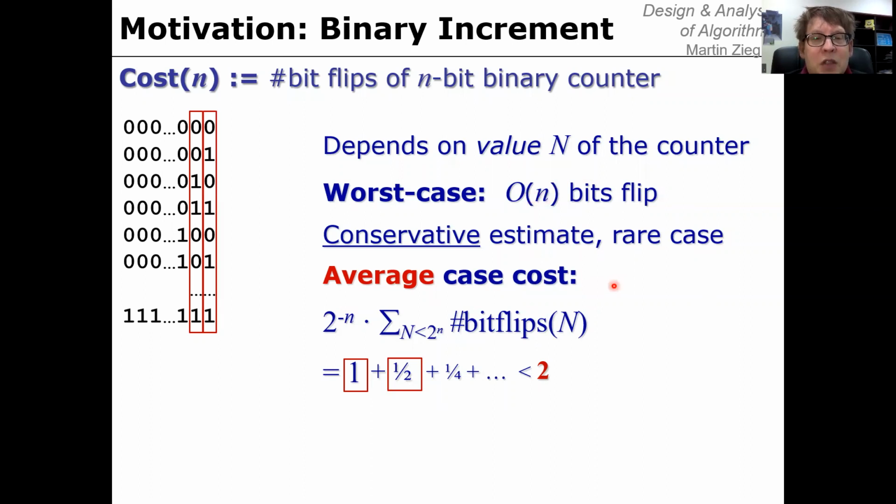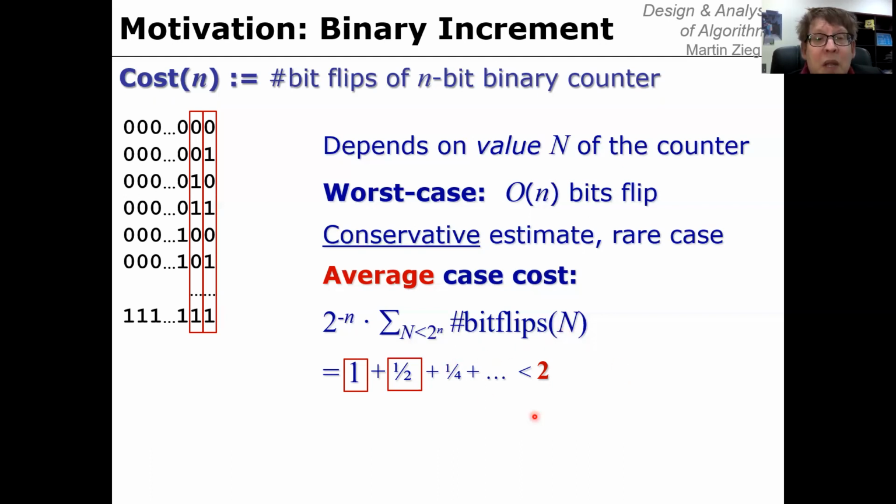So the average case cost is constant. The worst case cost is linear. And actually, we know the constant, it's 2. On average only 2 bits flip, which is a considerable improvement over our worst case analysis, and also a much more realistic picture of the actual behavior of bit flips in the binary increment counter.